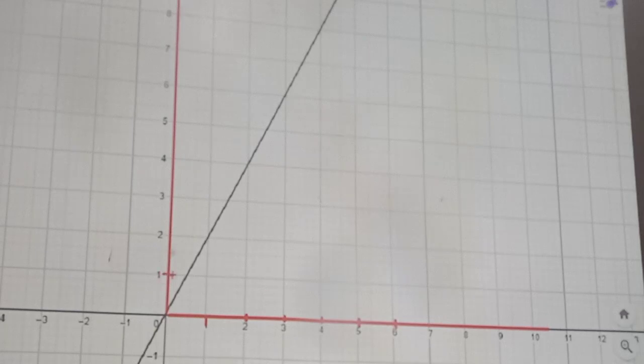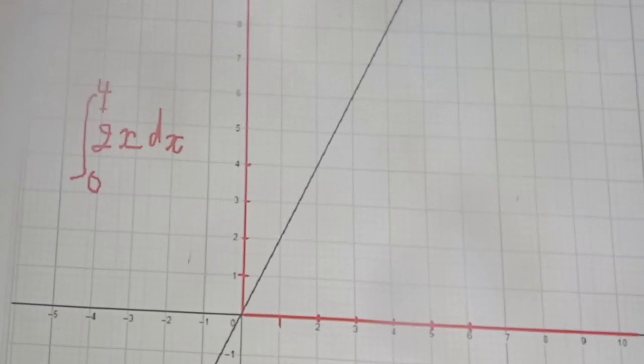This is also graduation for y. You remember, I ask you to evaluate the function 2x dx from 0 up to 4.